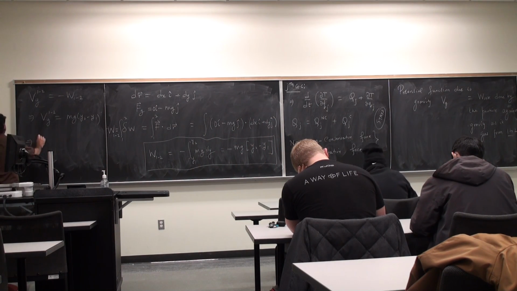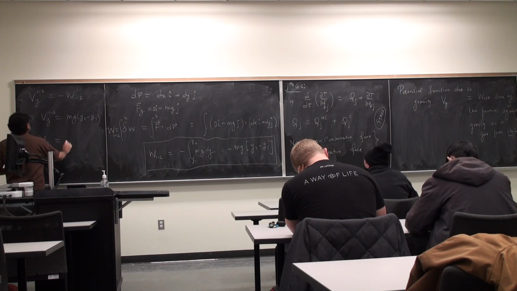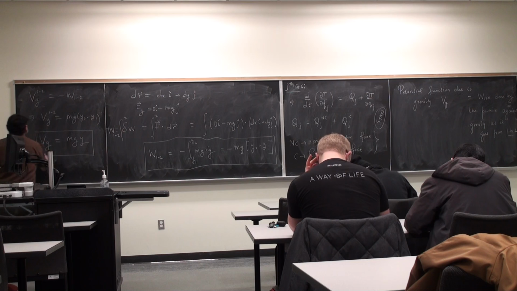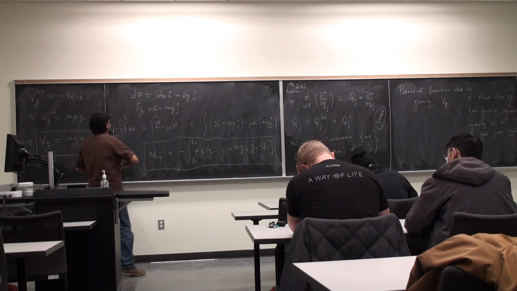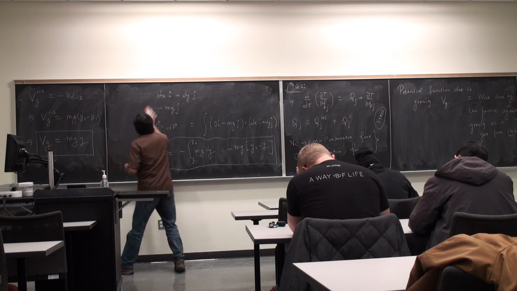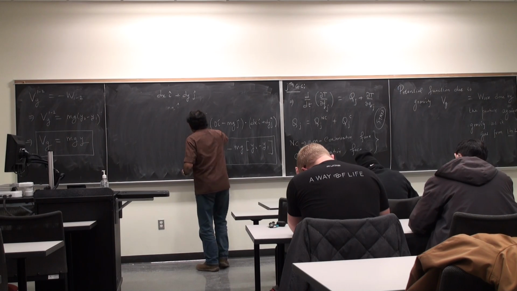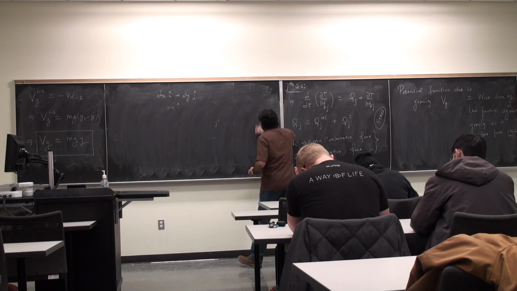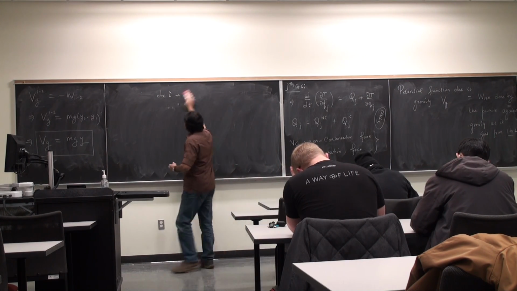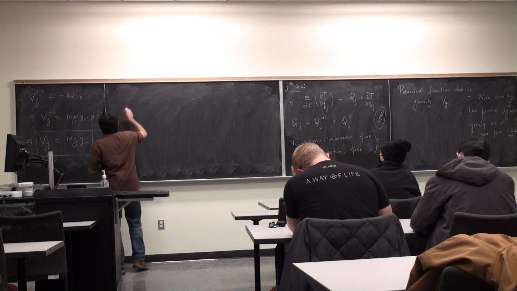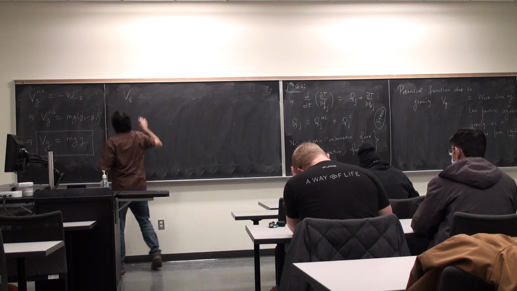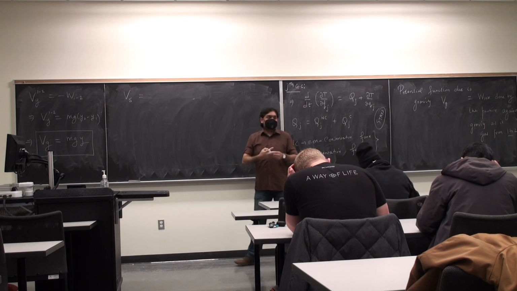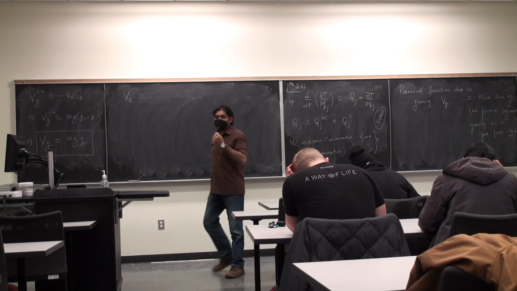So in general, Vg is mgy. Likewise, Vs is the potential function due to a spring. These are the only two things that we will be saying.